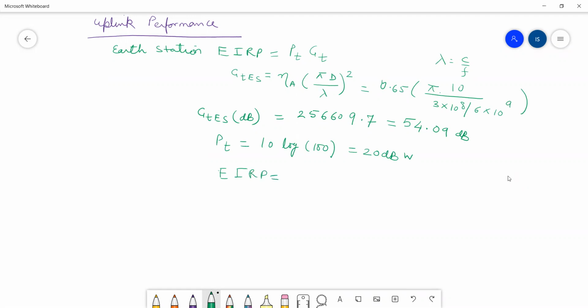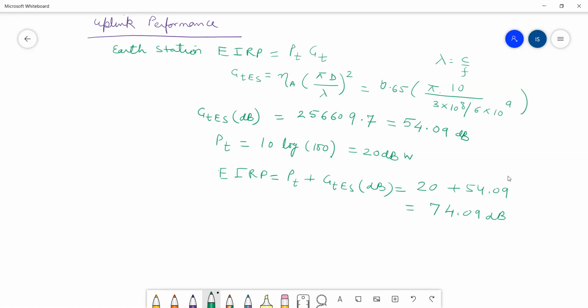So EIRP is PT in dB plus GT in dB. Both are in dB, so 20 dB is PT and 54.09 dB is GT. So it will be 74.09 dB. So that is EIRP, the effective isotropic radiated power. Okay.